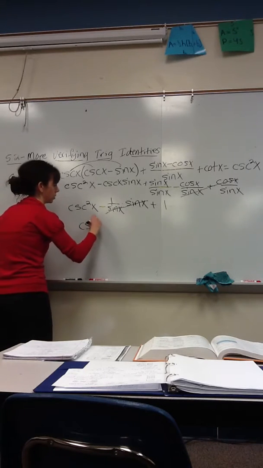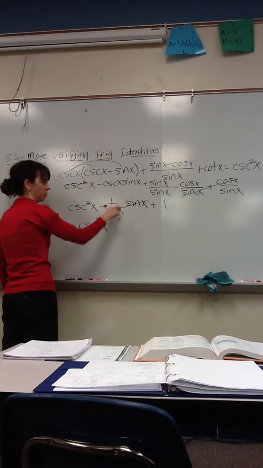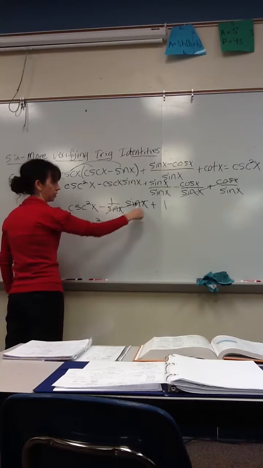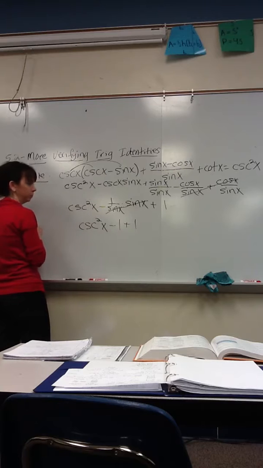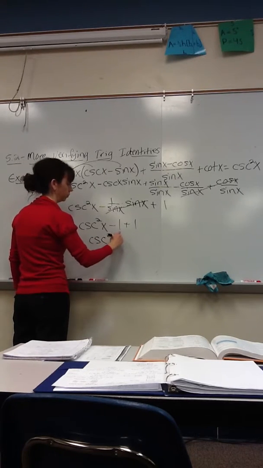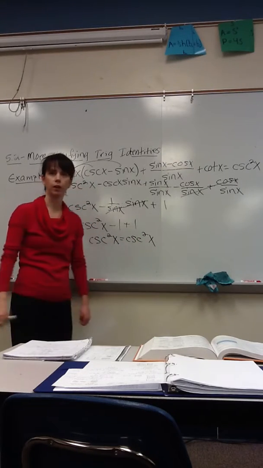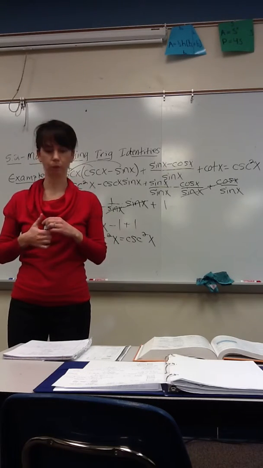So we have cosecant squared of x. This canceled out to give us minus 1, and these canceled out, giving us plus 1. Which is exactly what I wanted it to be. So it looked awful, but it ended up not being so bad after all.